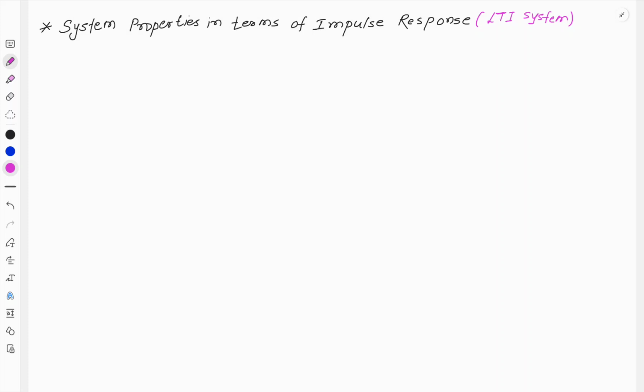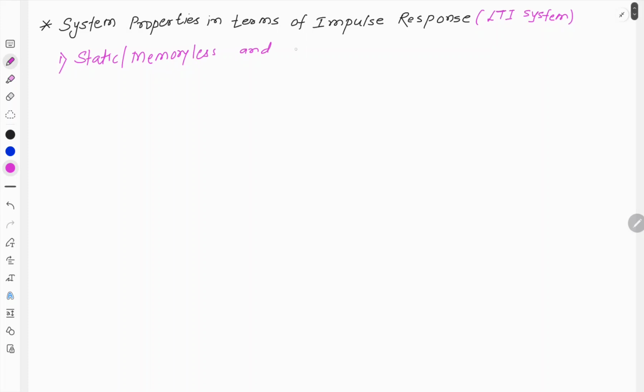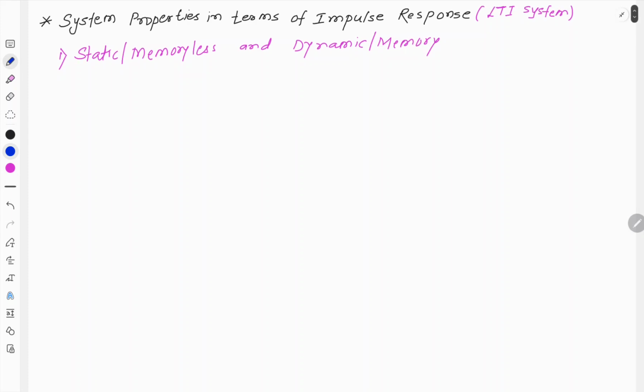The first property or classification is static, which is also called memoryless, versus dynamic, which is called a memory system. In this case we will be provided with the impulse response of the system.